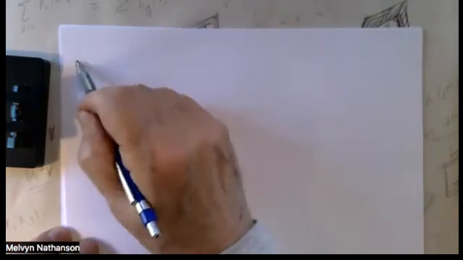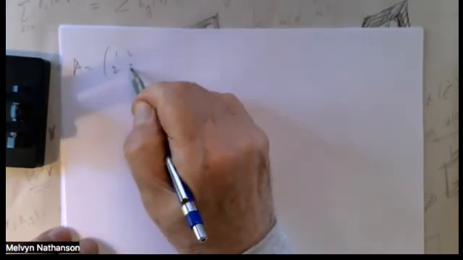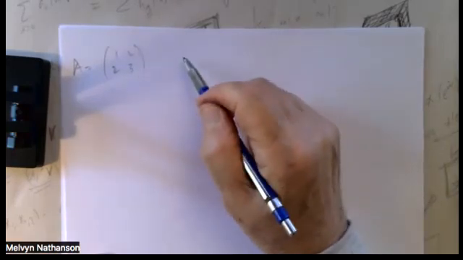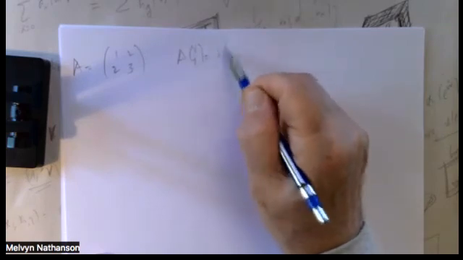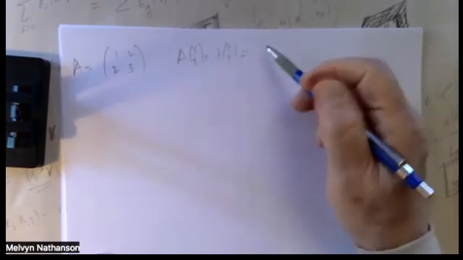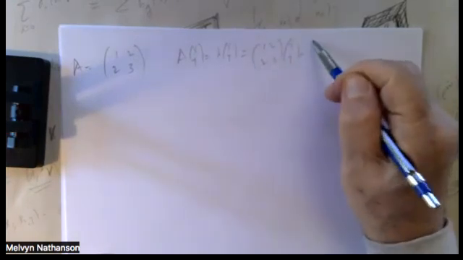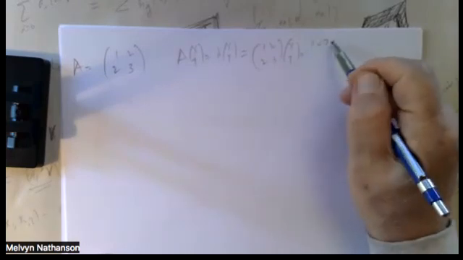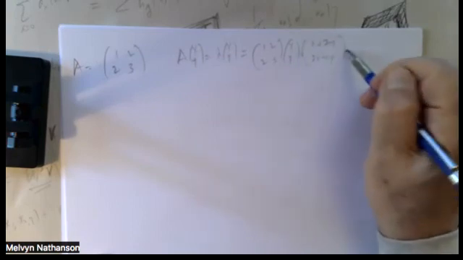Suppose I take the matrix A equal to 1, 2, 2, 3. So to say that A of xy is lambda times xy is the same as saying that 1, 2, 2, 3 of xy, which is x plus 2y, 2x plus 3y, equals lambda x, lambda y.